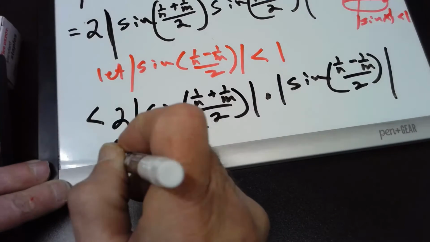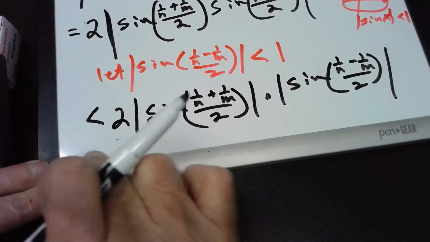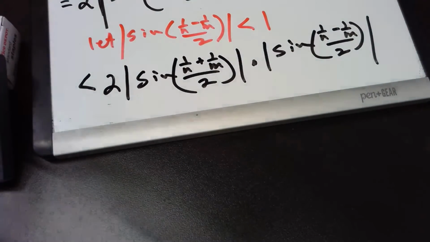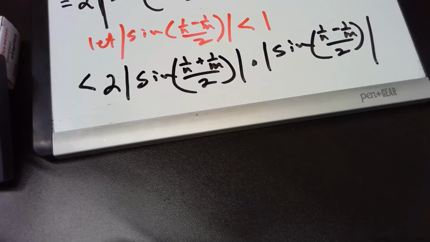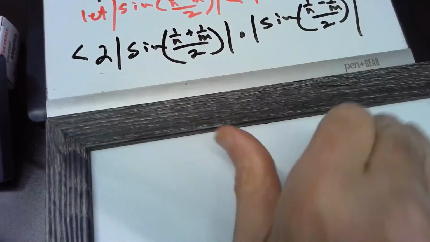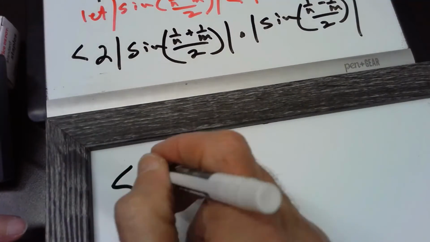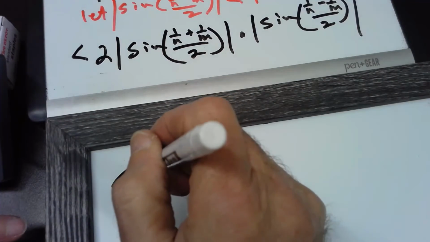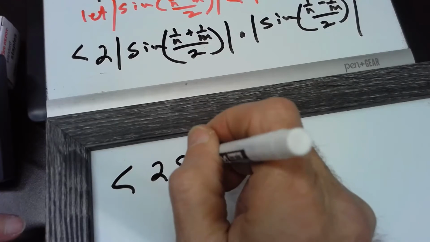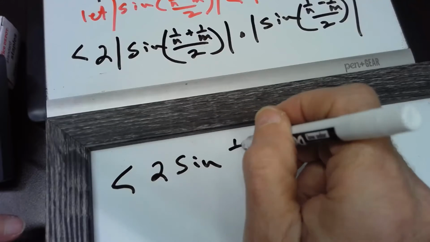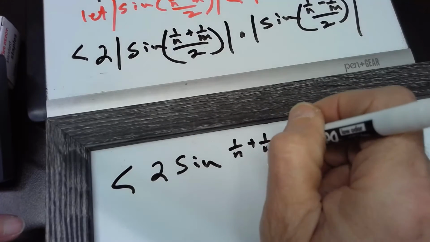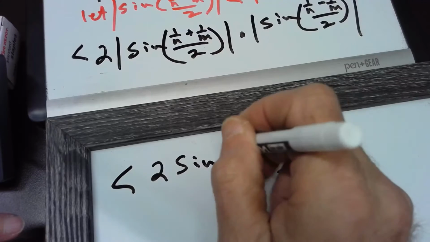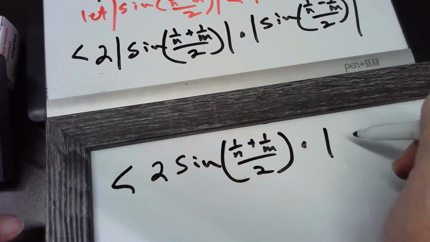So we're saying here that this expression is going to be less than 2 sine of (1 over n plus 1 over m) over 2, times 1.